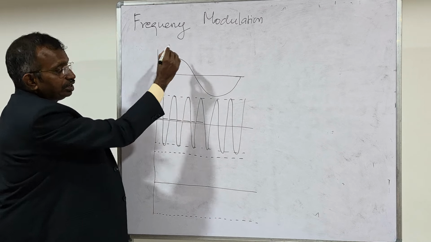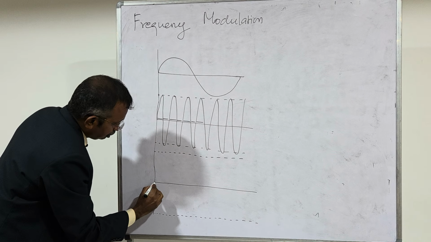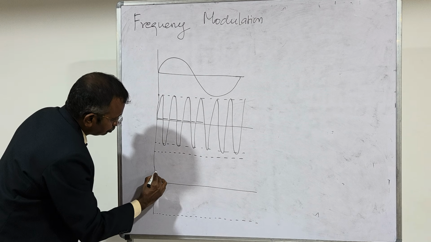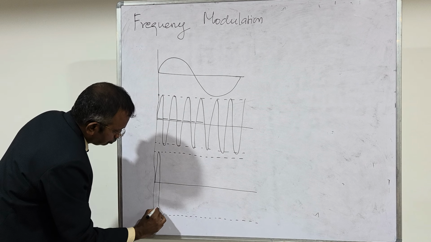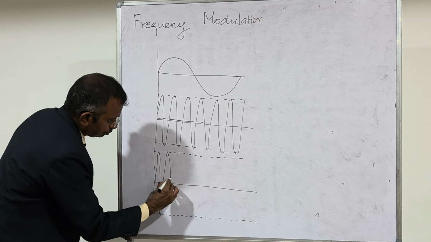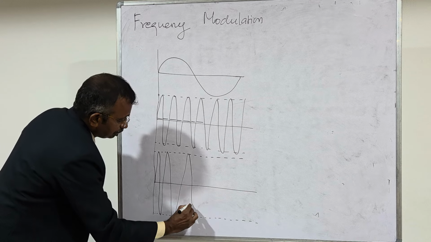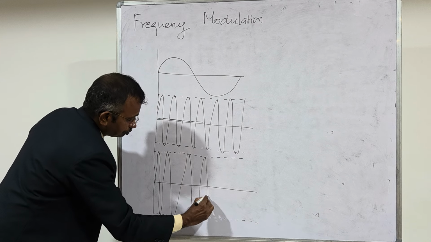When the amplitude gradually increases, the deviation increases, and then it gradually decreases.